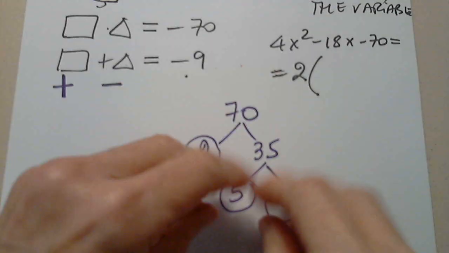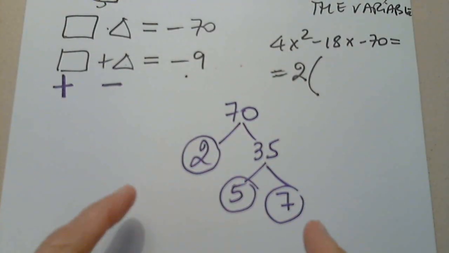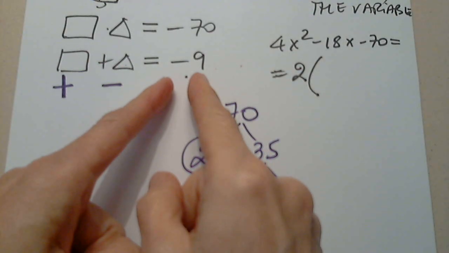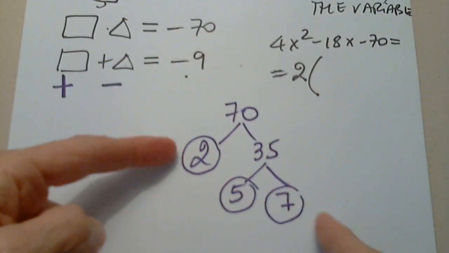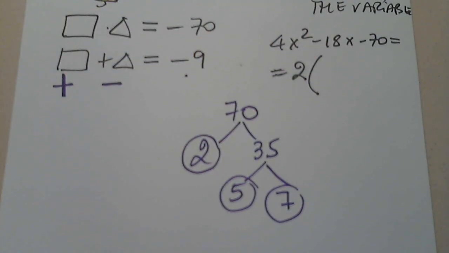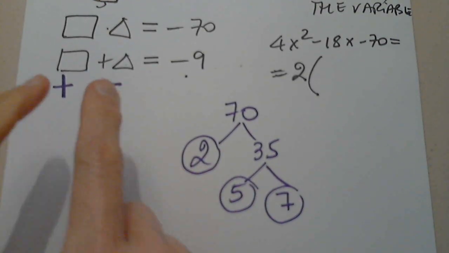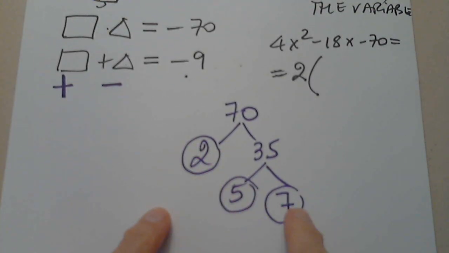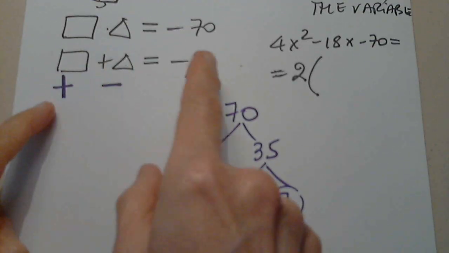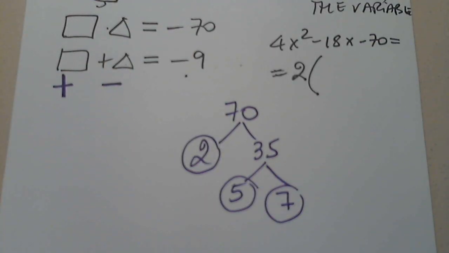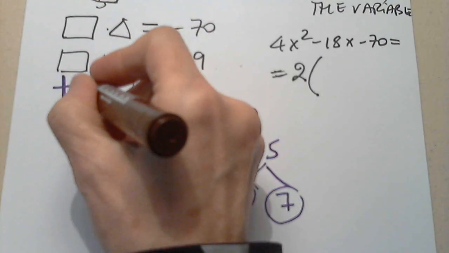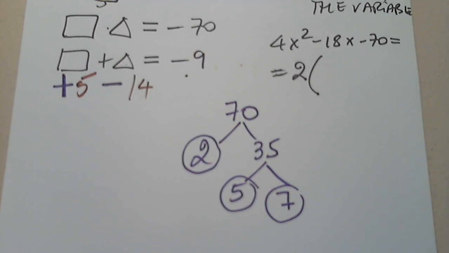So let's crunch these 3 numbers in some way so that the sum is negative 9 and the product, when you use all of them, is there. How do you crunch them and put 2 numbers using all these? Put 2 numbers here whose sum is negative 9. Negative 14. Exactly. So negative 14 and 5 is the correct answer.